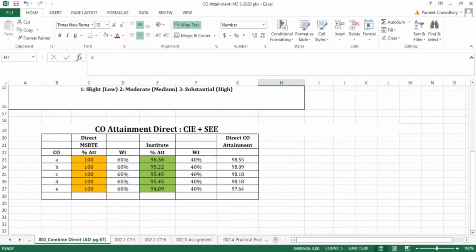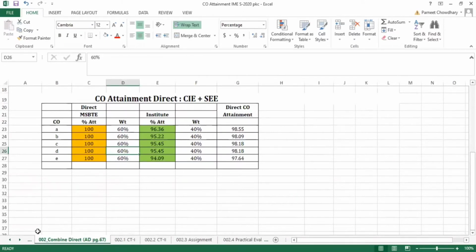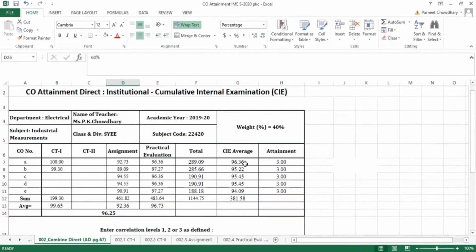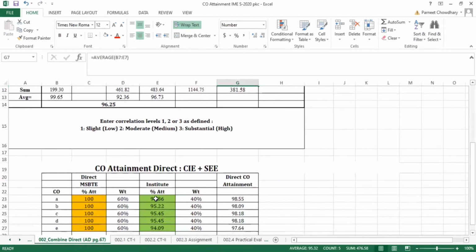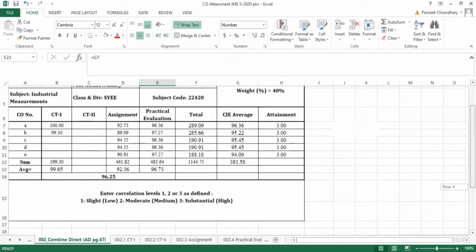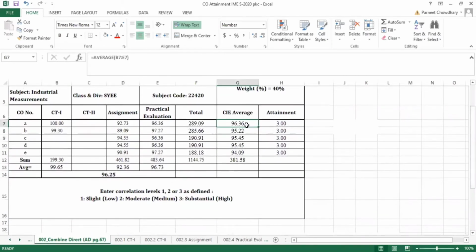So here we have the combined direct. That means direct has 2 parts. One was MSBT exam, second was institute level. So MSBT exam we have calculated and institute level we have calculated, which we got here. Now here also you don't have to change anything, because you see this value G7 is in the same sheet, coming from here.